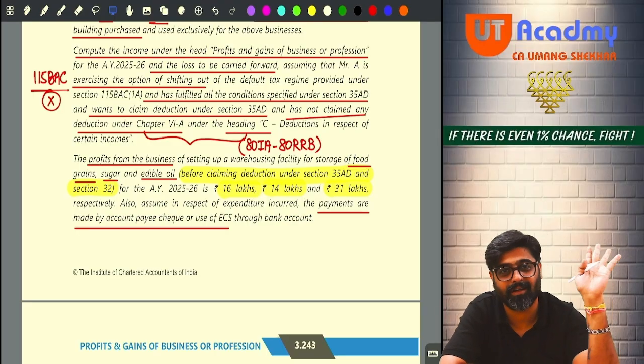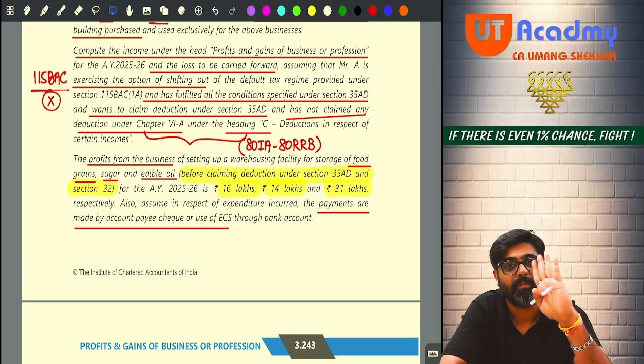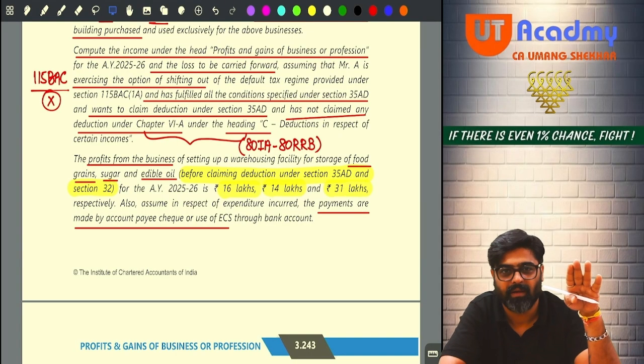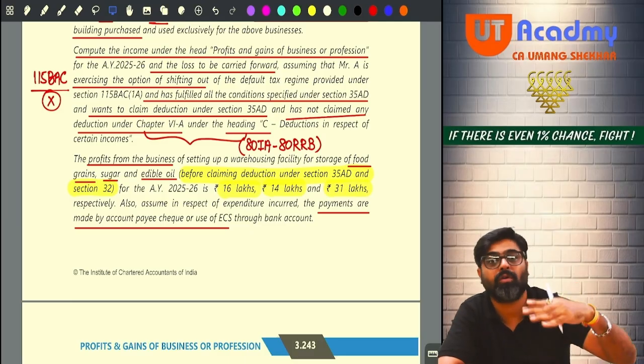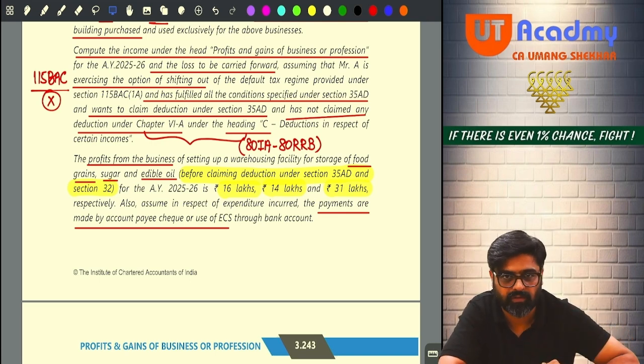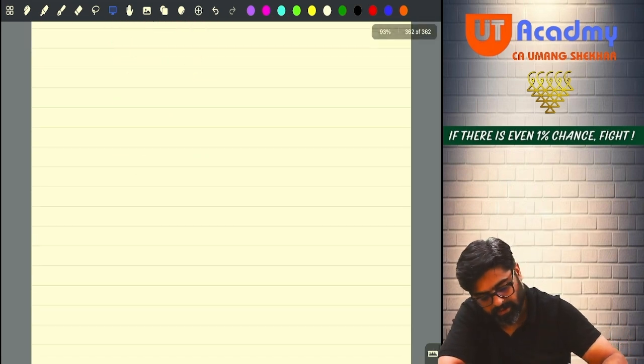No deduction under 35AD, no depreciation also, because that amount will not be treated as actual cost. The proviso to section 43(1) will be applicable. Getting my point? But all the costs will be considered because all the costs are incurred by way of account payee cheque or ECS. Done?